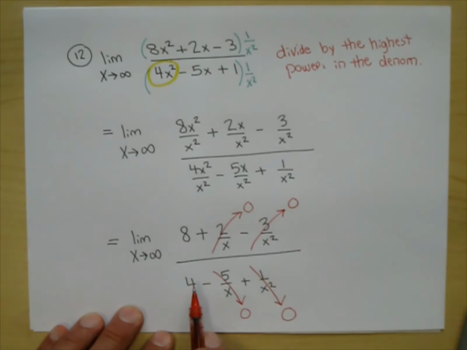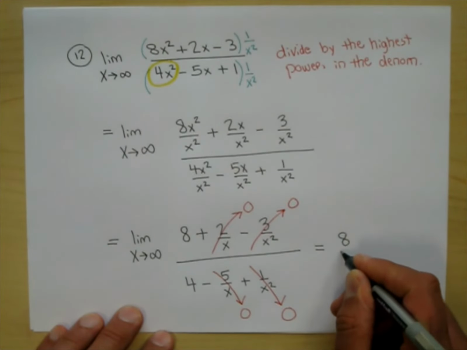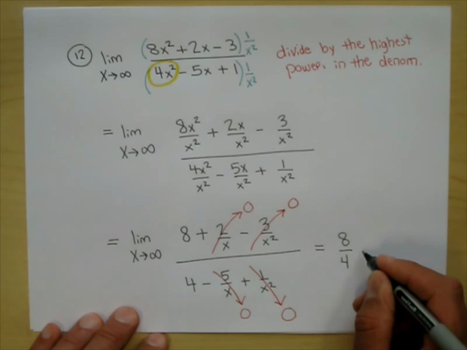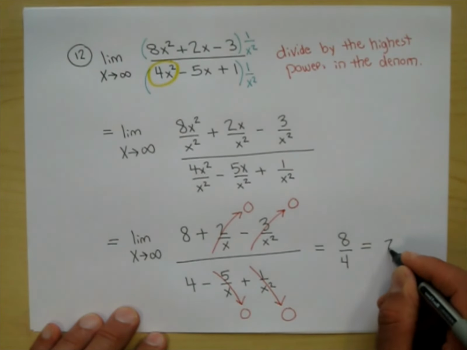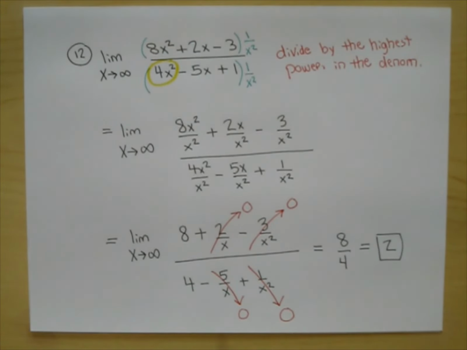And the only people not going anywhere because they don't have x's is this 8 and this 4. Well, that's what this is going to be. 8 over 4. Please don't leave your answer like that. The answer for this limit is 2. So when you do your test, you do want to show your work on these. Divide by the highest power in the denominator.